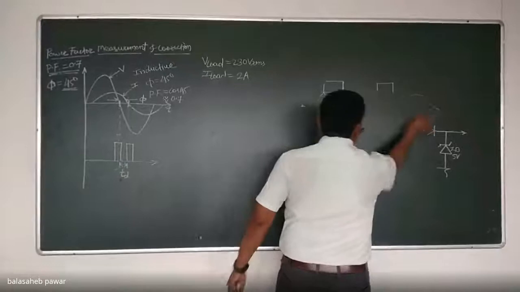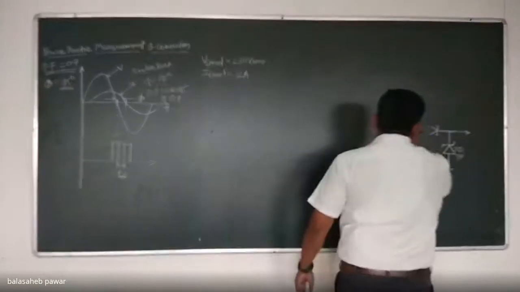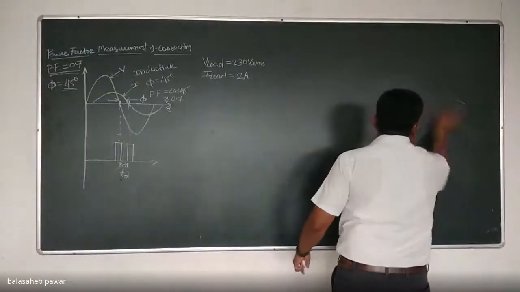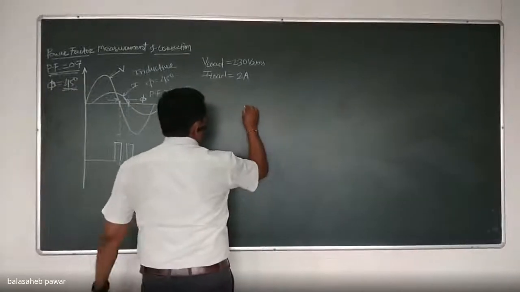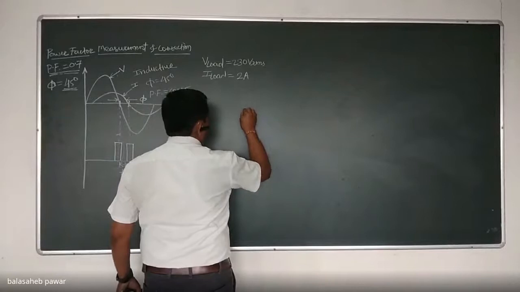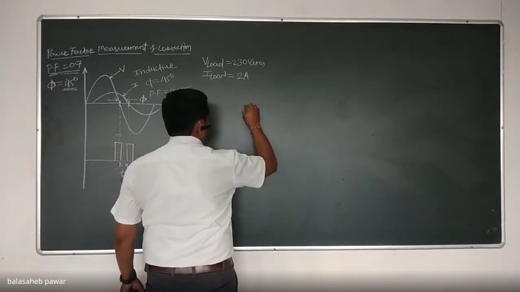So in a current transformer, there is only one single coil. If you can recall, I already explained it. There is one bobbin, somewhat like this.